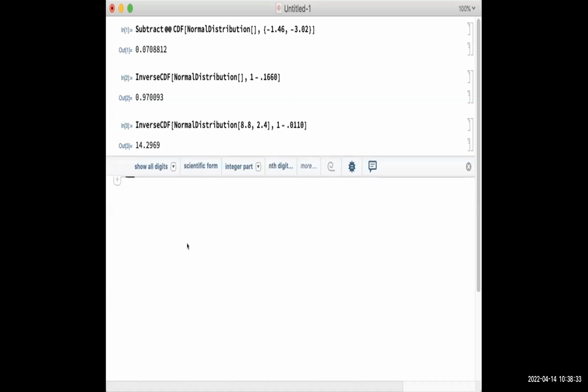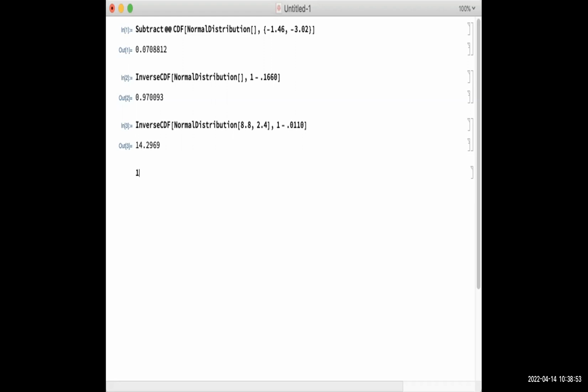And so let me type that into my computer. Oops, I hit the wrong thing. Mathematica. Where? Oh, here it is, Mathematica. Okay, good.